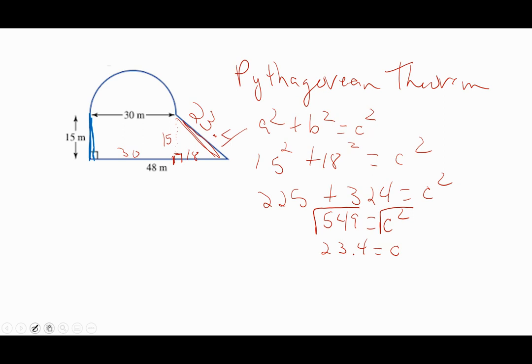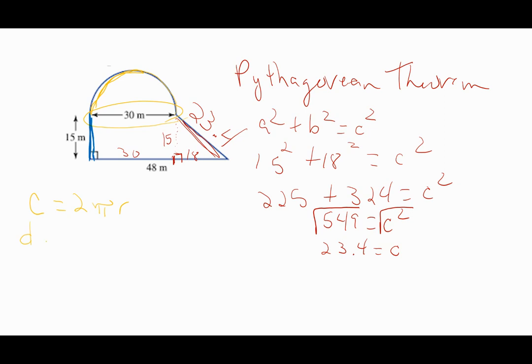Okay, now looking at this right here, what do we do with that curved surface? We should see that that is the circumference. C equals 2 pi r. If you do not know the formula for the circumference, it will be given to you, but that's the formula. So we need to know what the radius is. We do have right here our diameter.